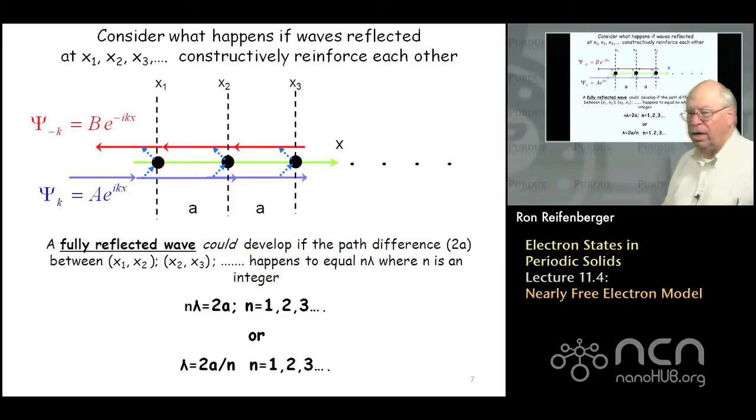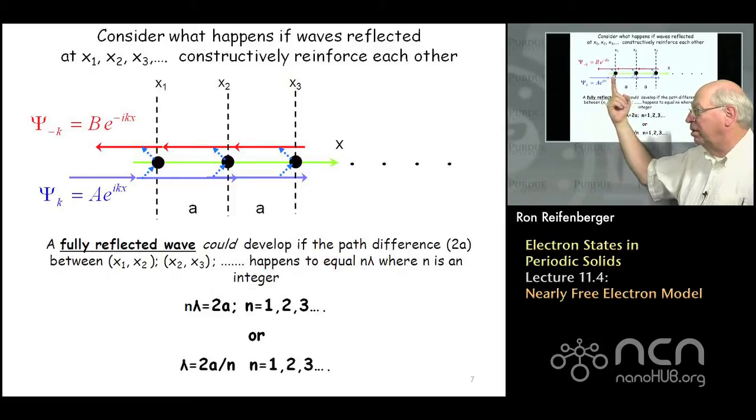interference to occur? And that fully reflected wave would develop if a special condition is satisfied, and it's not surprising what that condition is. That condition would say that an integer number of wavelengths of this electron state is just equal to the path difference between, let's say, the blue wave and the red wave, right?